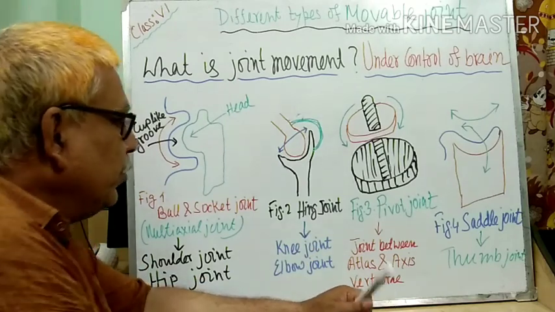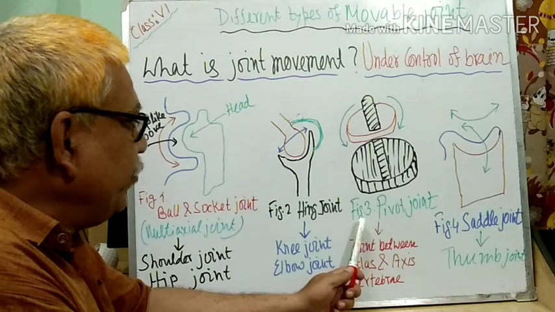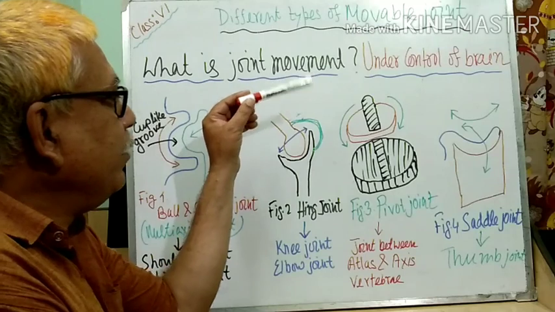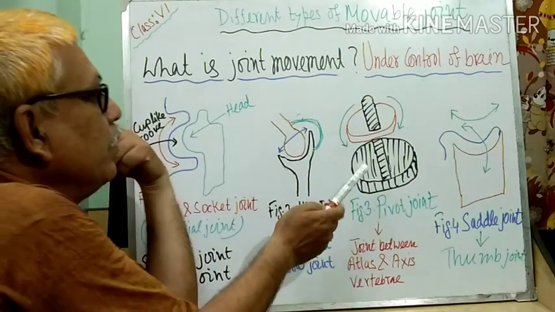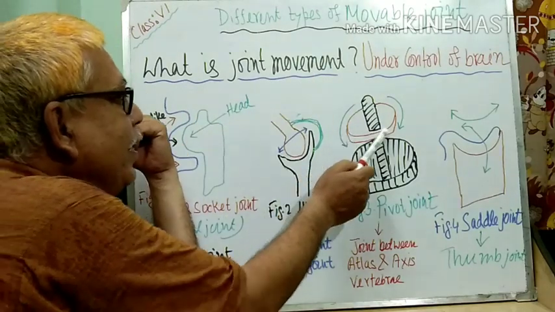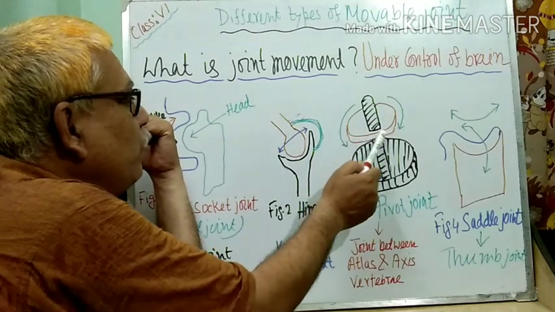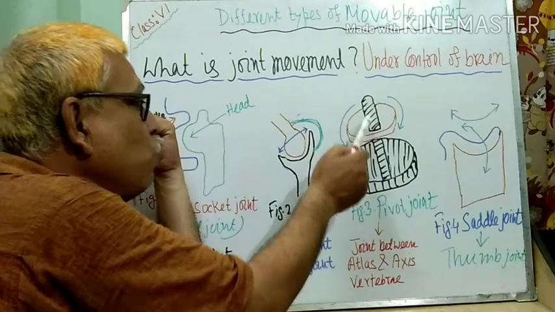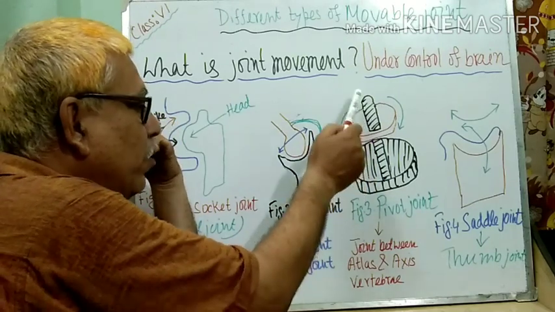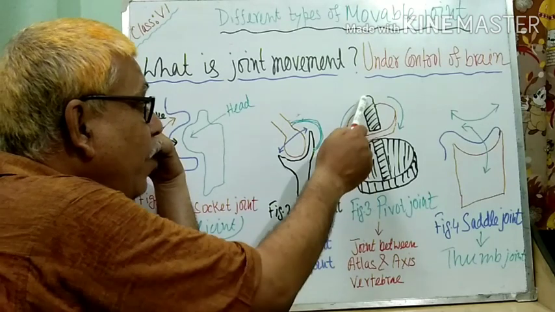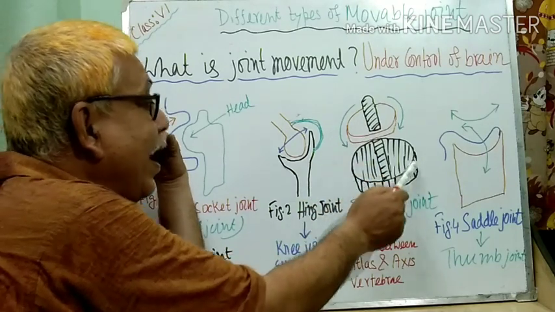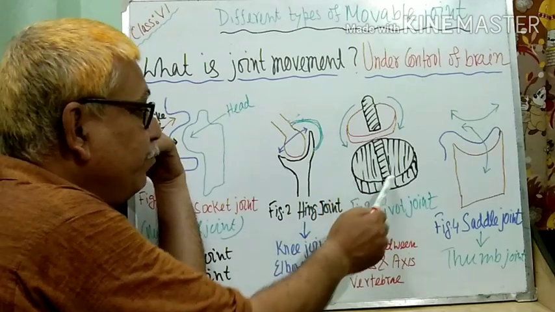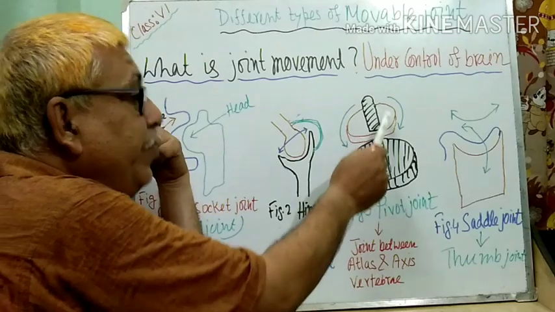Now come to the third point, figure 3, pivot joint. See here, the ring-like or circular structure of one bone rests on the pivot-like structure of another bone. This type of joint is called a pivot joint.